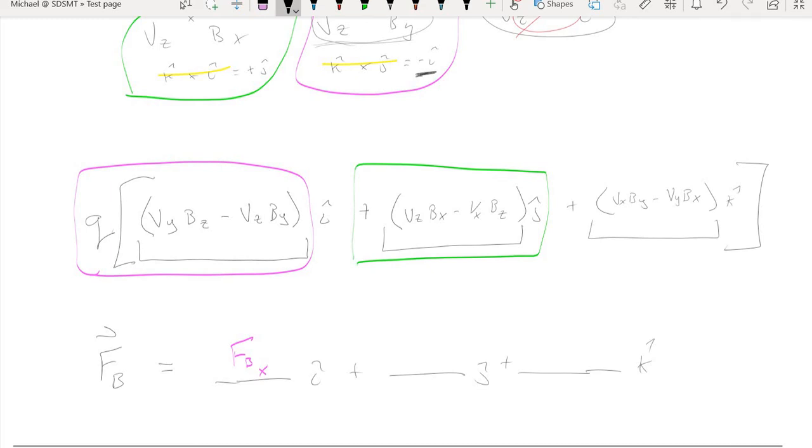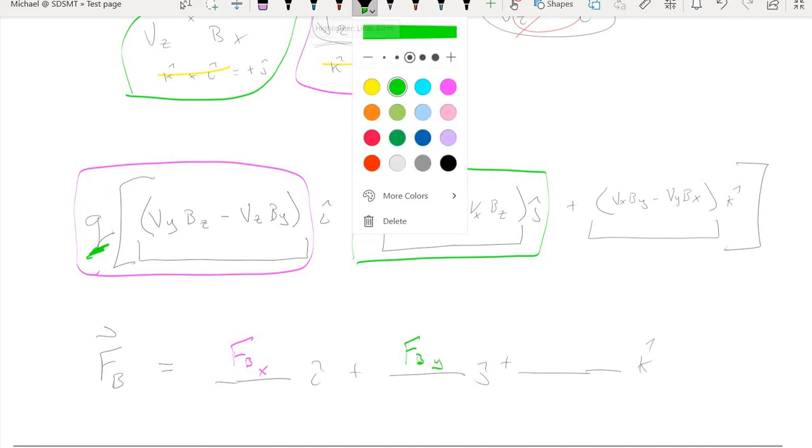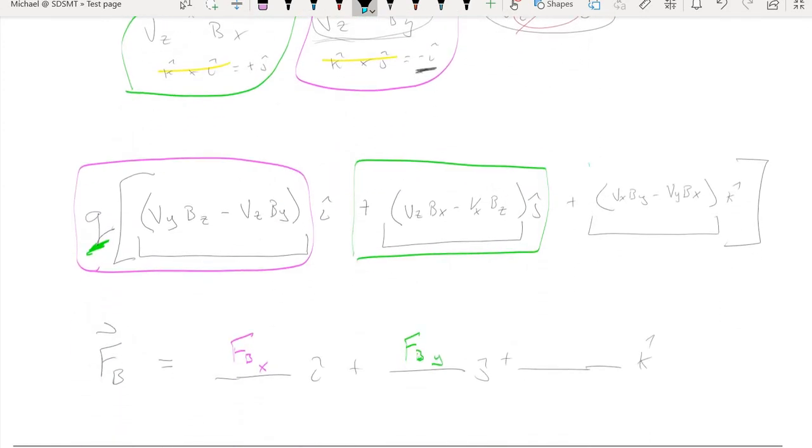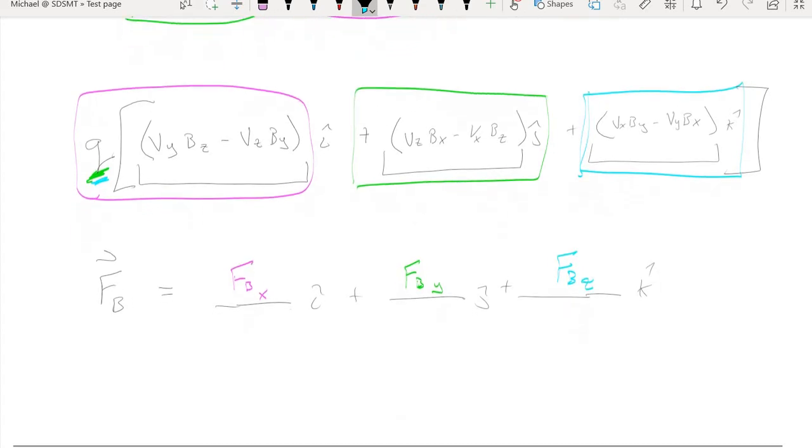So if I carry through the value of the charge onto this term, I'll have the y component of the magnetic force. And then I think that one, yep, that one was blue. And so I incorporate the charge with this last combination, and I get the z component of the magnetic force.